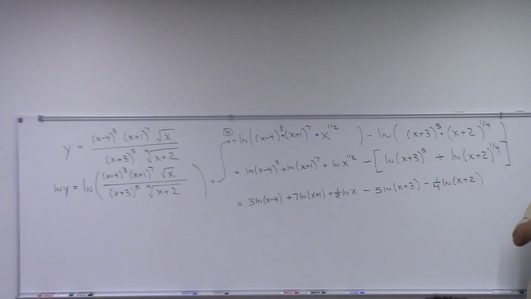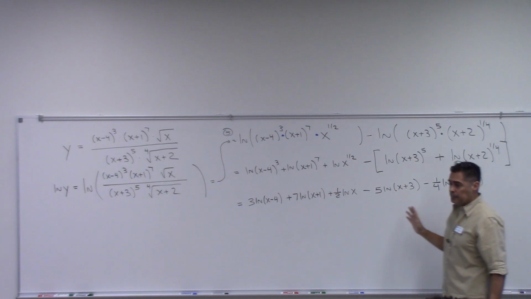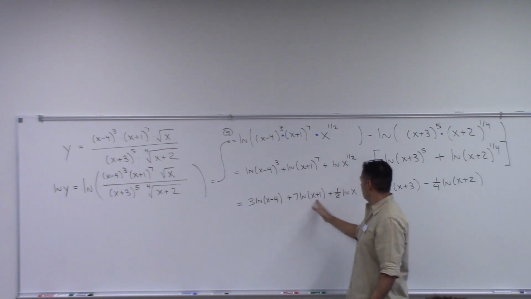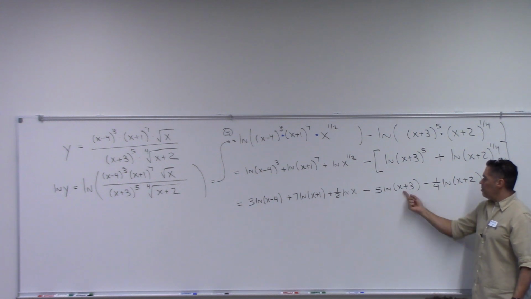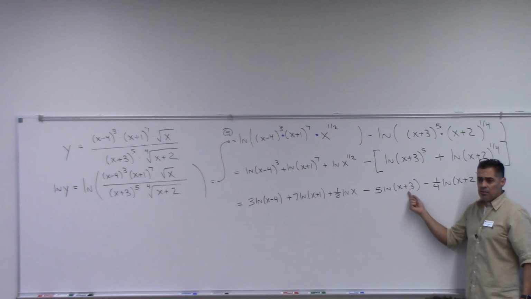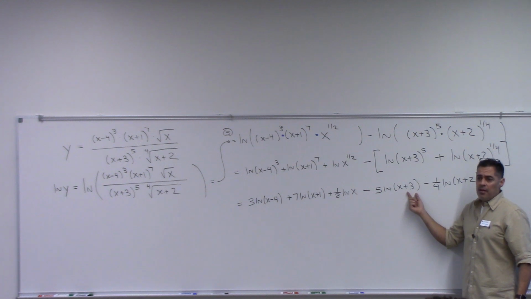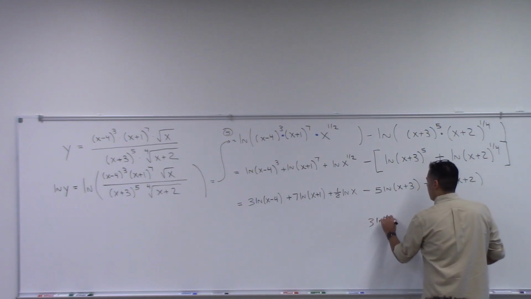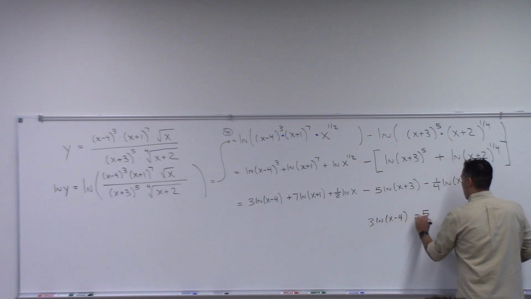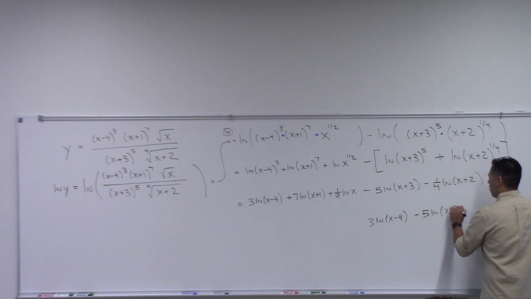In the parentheses, if two of them have the same argument, like let's say 3 natural log of x minus 4, and the next one was also x minus 4, you could put them together. Say we had 3 natural log of x minus 4 minus 5 natural log of x minus 4. I think that's what you're asking.